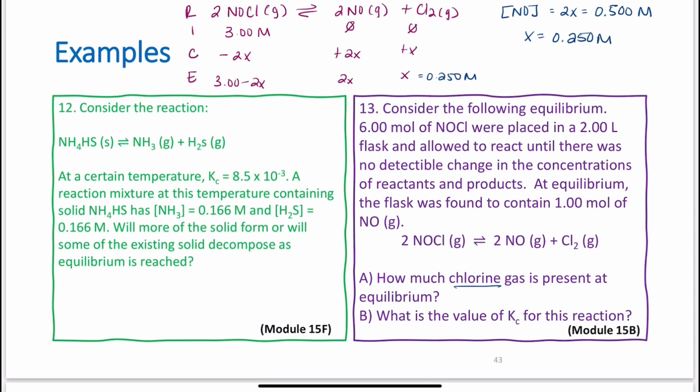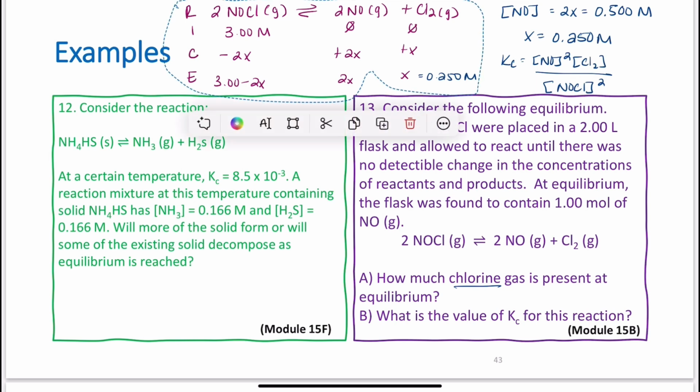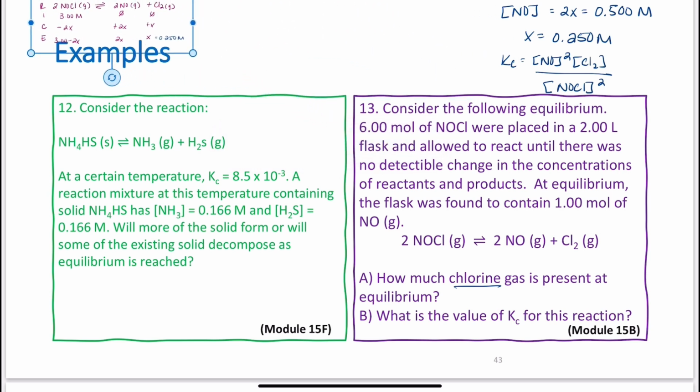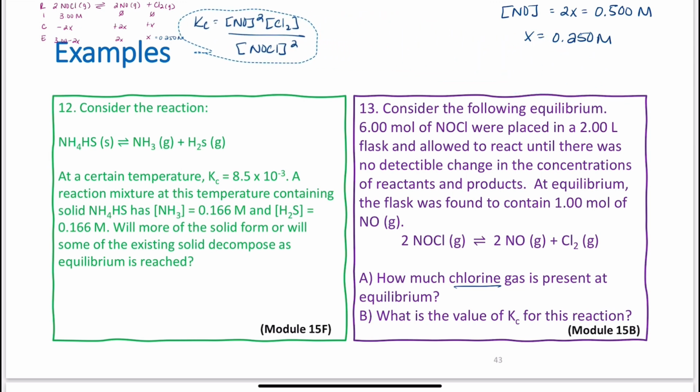I'm going to write this. Kc is equal to NO concentration squared, Cl2 concentration, and NaCl concentration squared. This equals, let's see, my NO concentration is 0.5 at equilibrium, and it's squared.